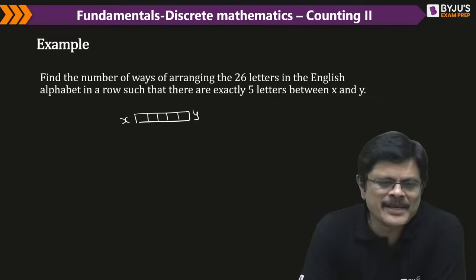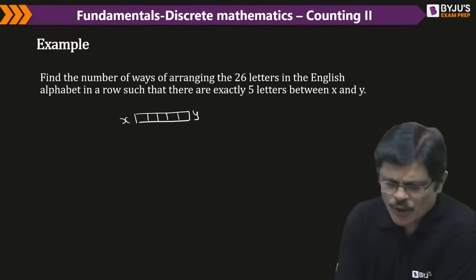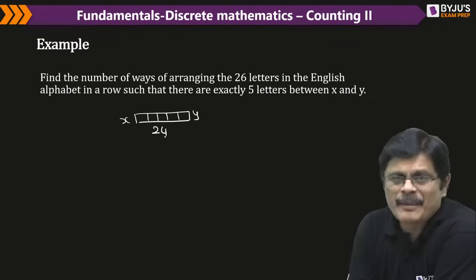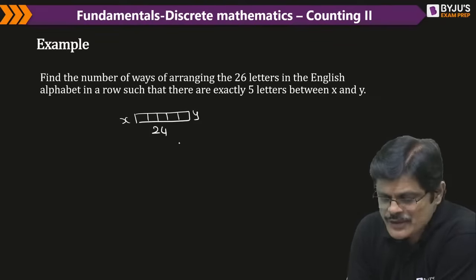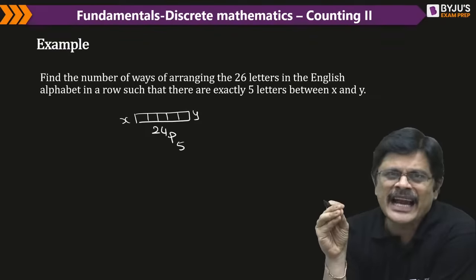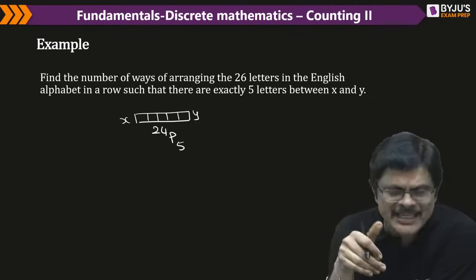Very good. So, from the remaining 24, you select 5 letters and arrange them. So, 5 letters will come here.